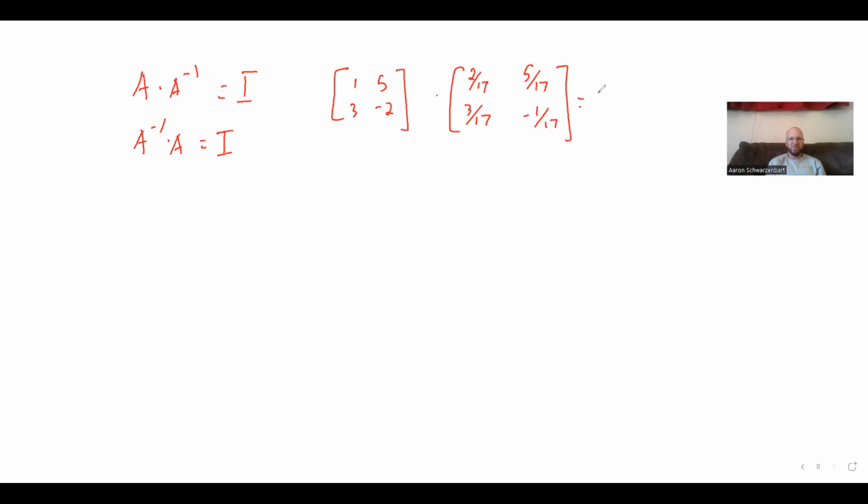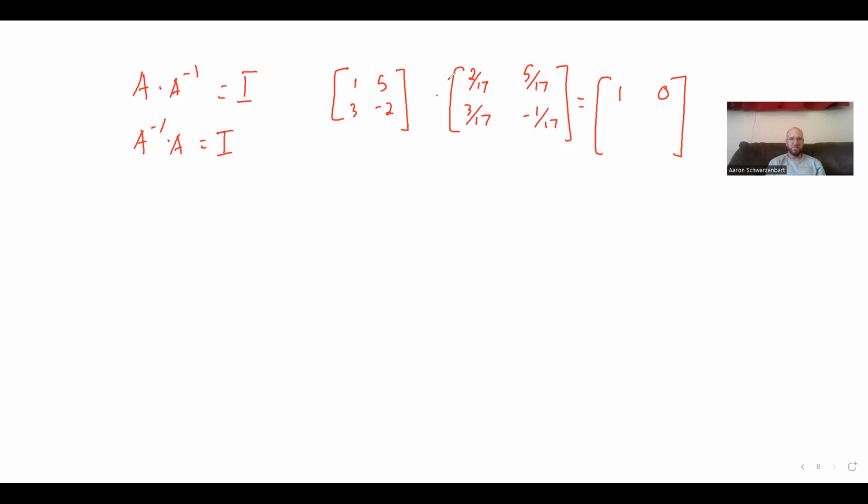So the result, row 1 times column 1, 1 times 2/17 plus 5 times 3/17 is 15/17, 17/17. Over here, row 1, column 2, 1 times 5/17 is 5/17. 5 times negative 1/17 is negative 5/17. 5/17 plus negative 5/17 is 0.